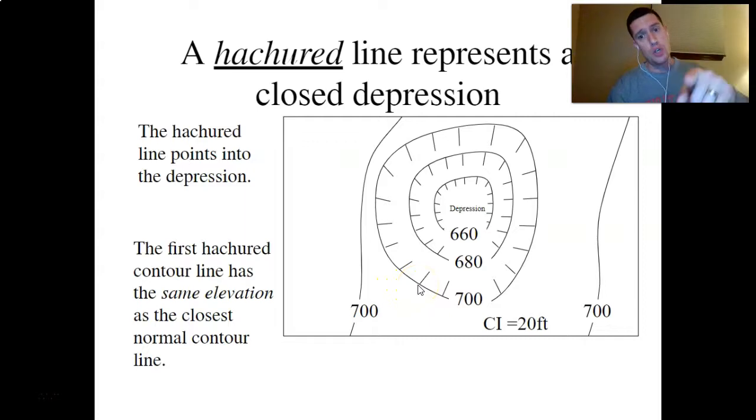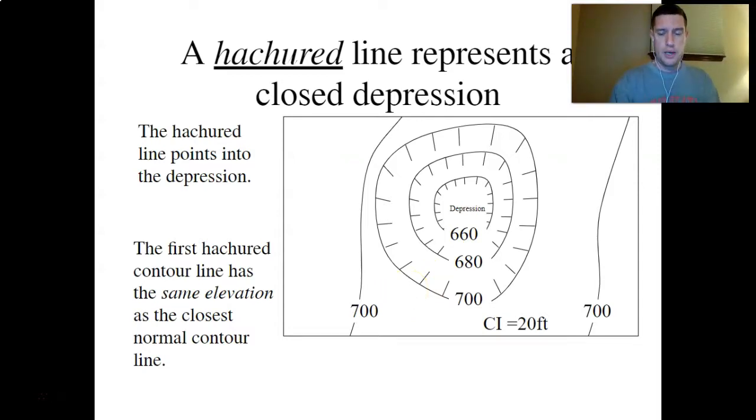And the first line you're going to get to is that 700 elevation, but you're going to be going downhill into the depression. So that's how we label lines in a closed depression, like a crater or a caldera or a pit.